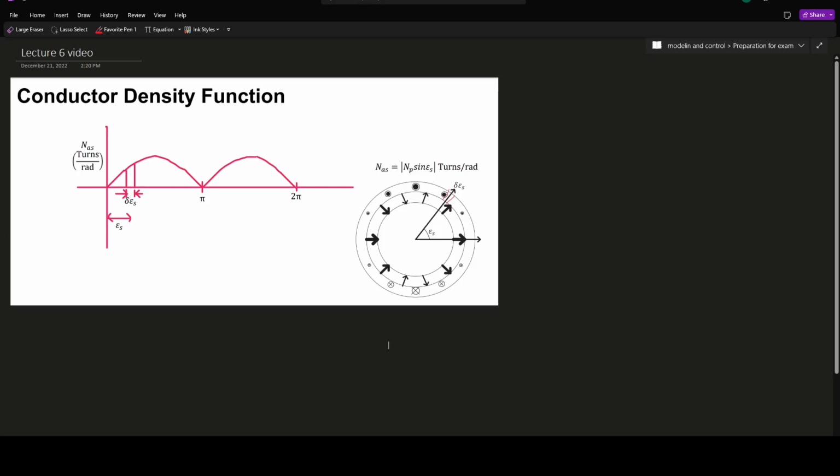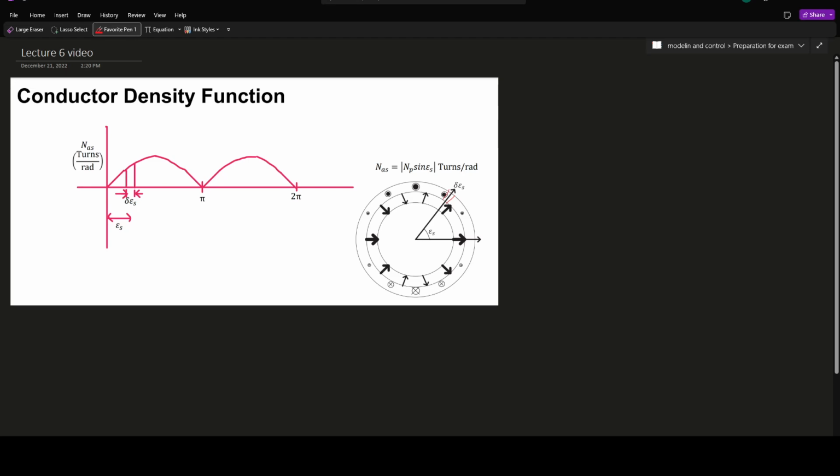Okay, now we are going to start seeing the MMF distribution when we have a sinusoidally distributed coil. So here is the formula for the number of turns in a sinusoidally distributed coil.